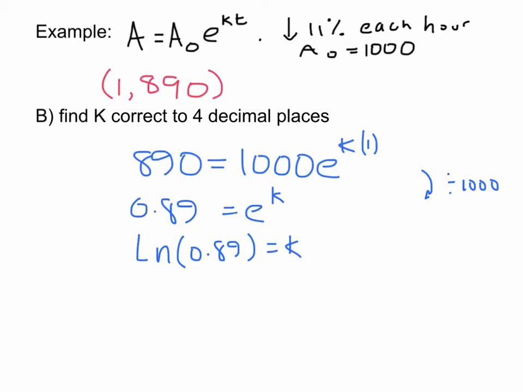It's correct to 4 decimal places, so you need to use your calculator for this step. And so that would give you k is approximately equal to 0.1155 with a negative in front of it. Now, just to check, that number is smaller than 1, so we do expect a negative answer for the log of it.